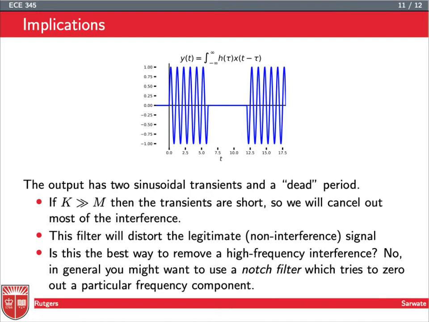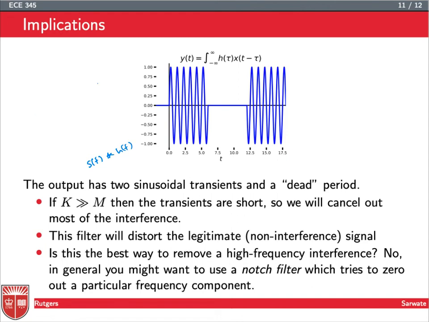So remember, we had s of t plus x of t. This was the interference, which is bad, but this is the legitimate signal. We want to keep this, but now we're also going to have s of t convolved with h of t.